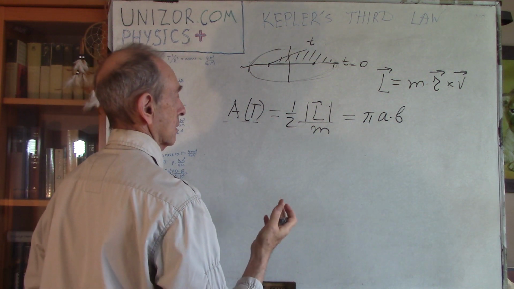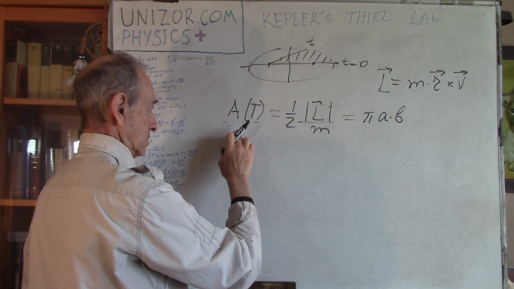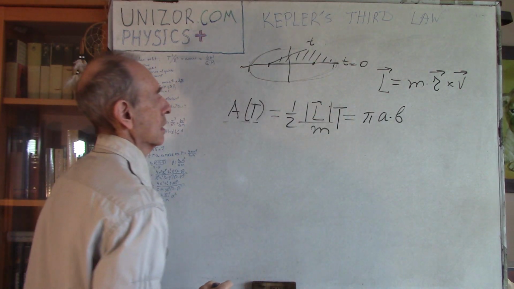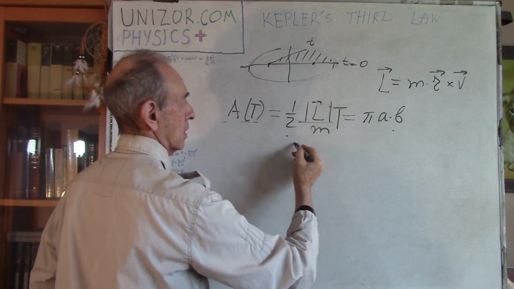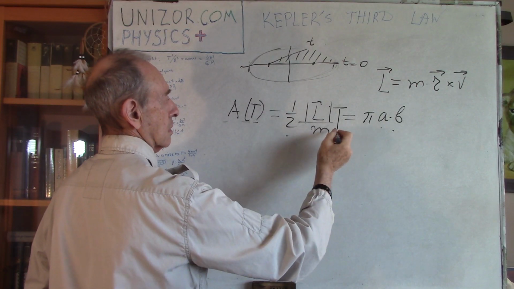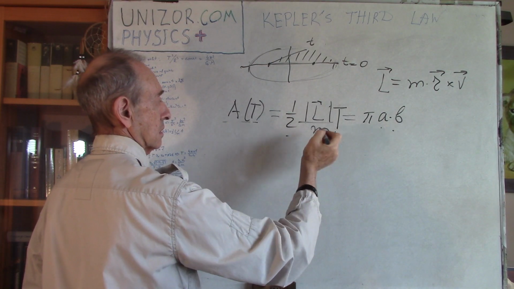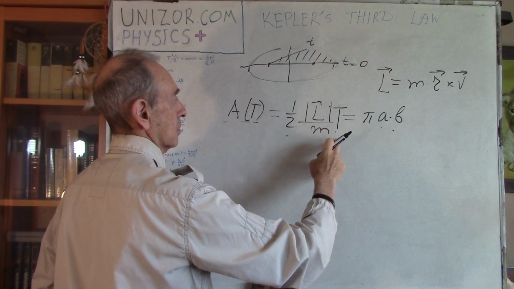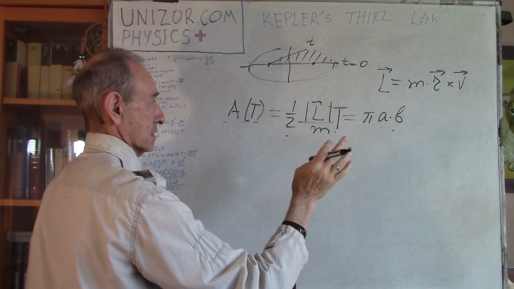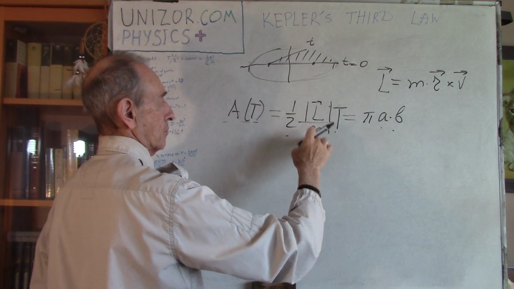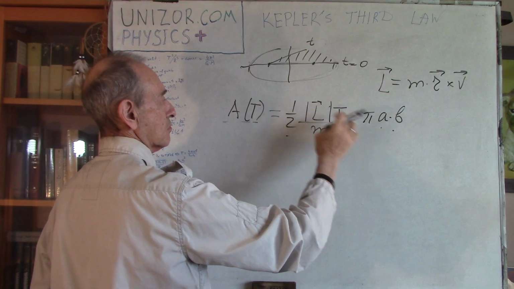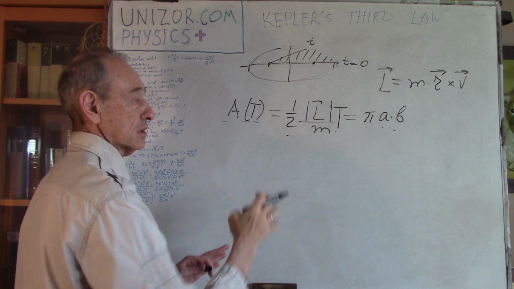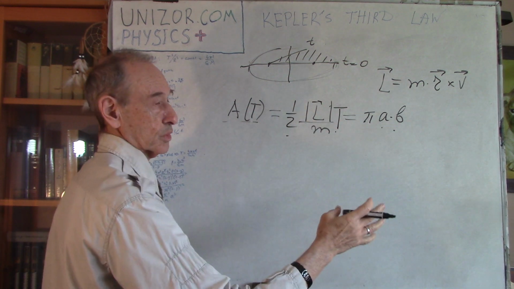So basically I have, so this is T. So I have the relationship between semi-major and period of rotation, but that's not exactly what I wanted yet, because there is mass here, there is angular momentum, there is a semi-minor, so it's not really what I want. But gradually I will come from here to what I would like to have.